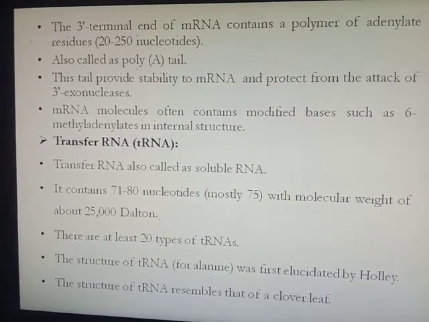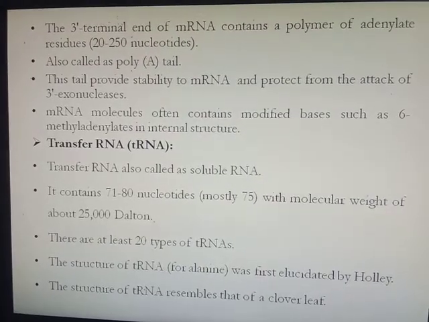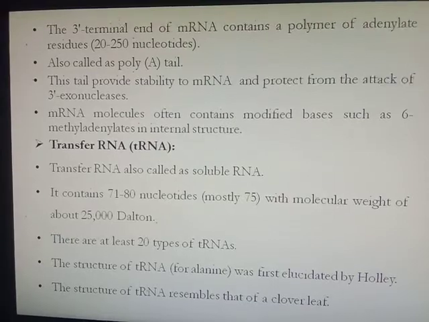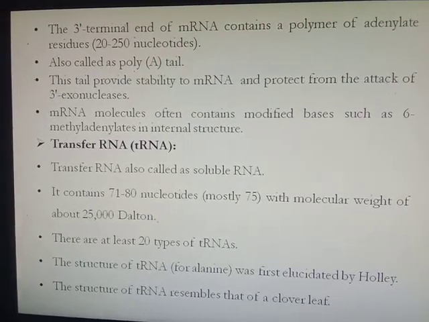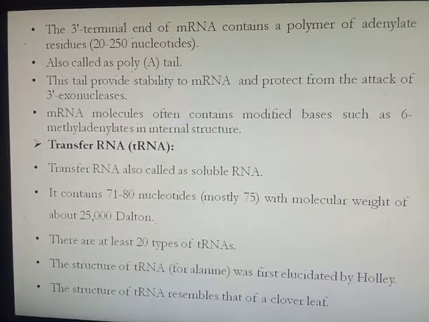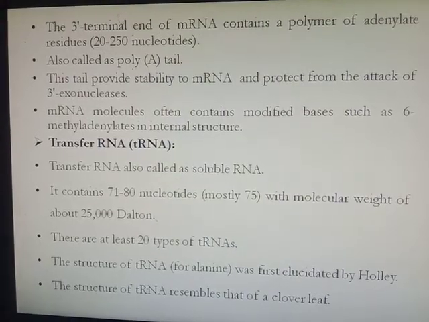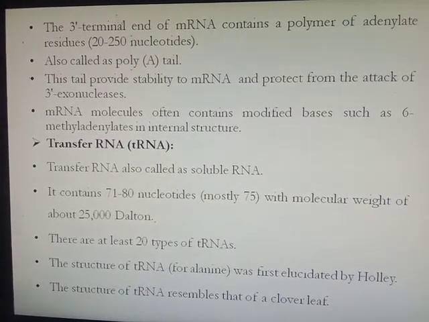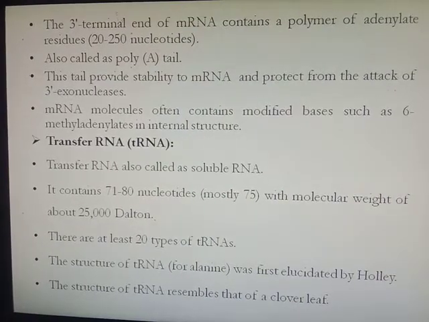This region is also called the poly A tail. This tail provides stability to mRNA and also protects it from 3' exonucleases. Then the mRNA molecule often contains modified bases such as 6-methyladenylate in its internal structure.